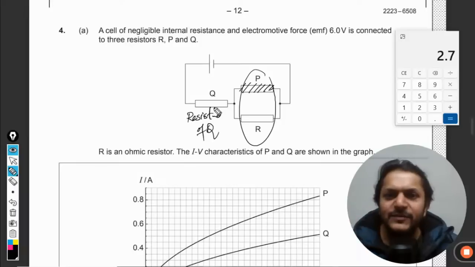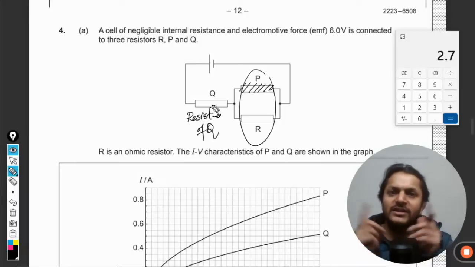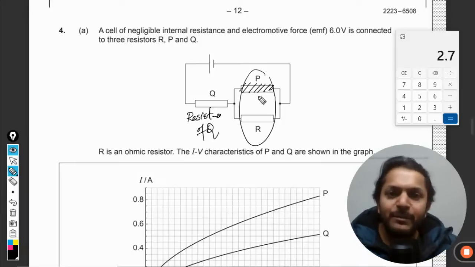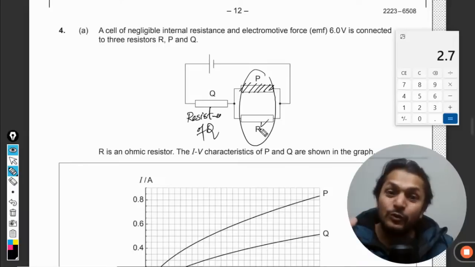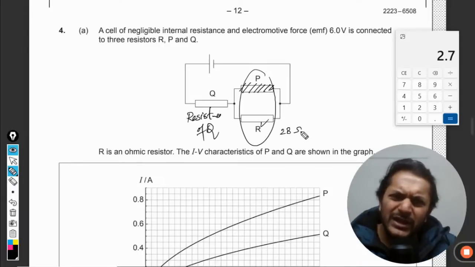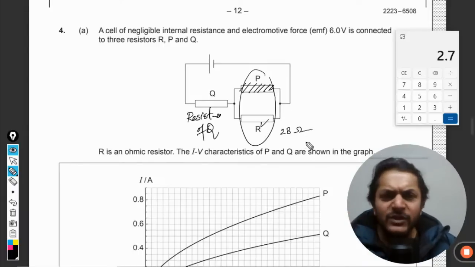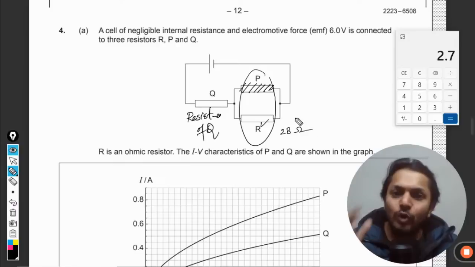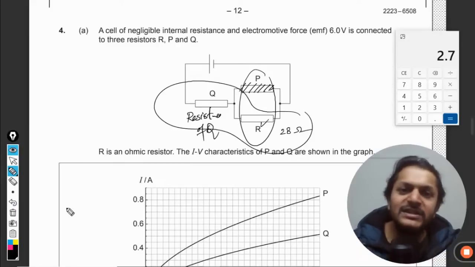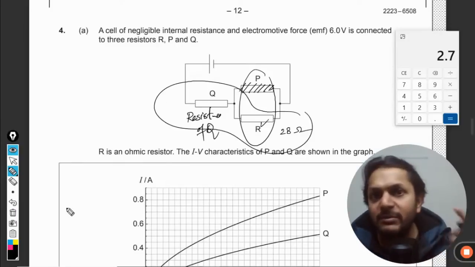Later, that resistance will be added to the resistance of Q to create the total resistance. Now, if P is removed, R is not going to be reduced. R will be giving you a big value, which was, I think, 28 ohm. If it was 28 ohm, only 28 will be added there, no? So R total now will be the sum of Q and R, so that will be bigger.